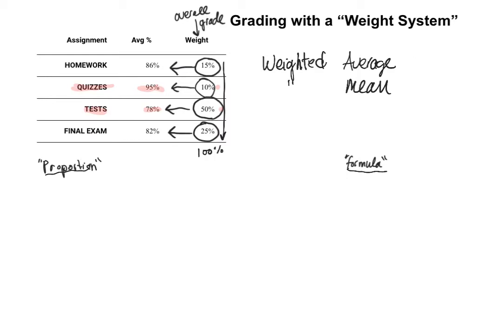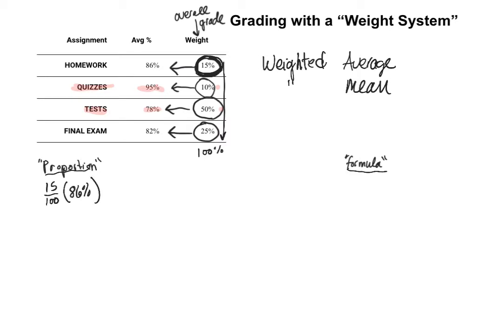That is the sum of all of these weights. What we know about this individual is that 15% of their overall grade, 15 out of 100, is going to be worth 86%. So 15 out of that total of 100. So 15% times 86%.